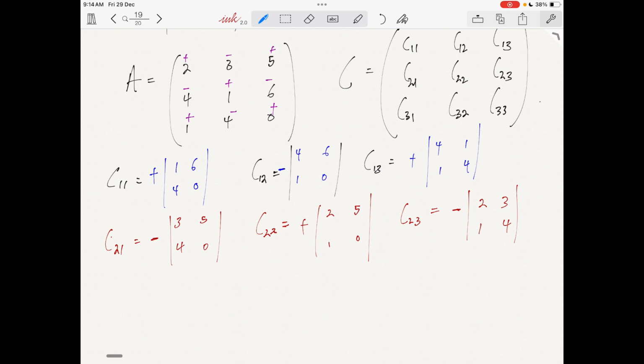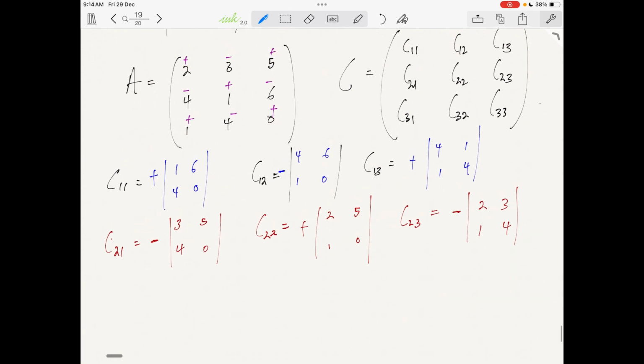Moving forward, let's look at C31. Strike out the vertical and the horizontal. You will be left with 3, 5, 1, 6, and the sign on C31 is positive. Going further, let's do C32. Strike out the horizontal and the vertical.